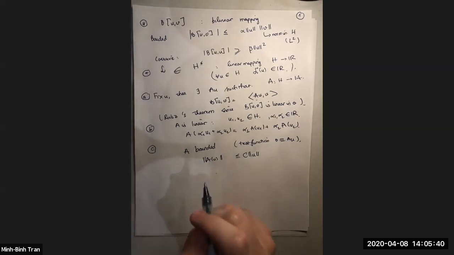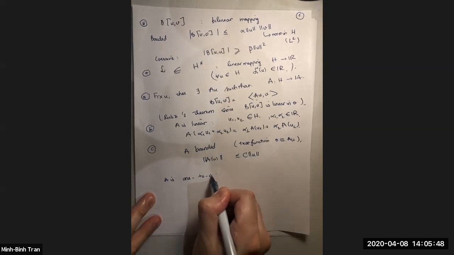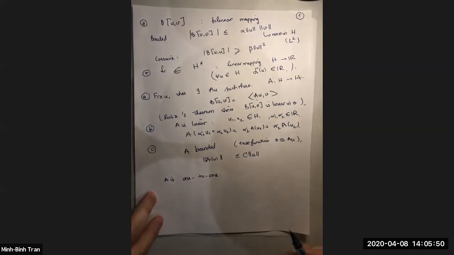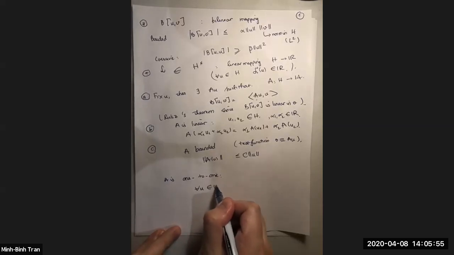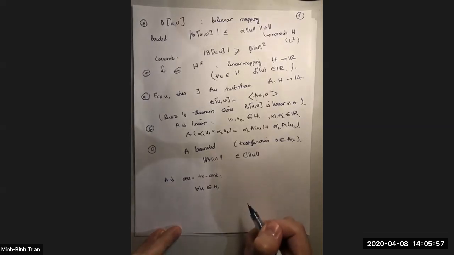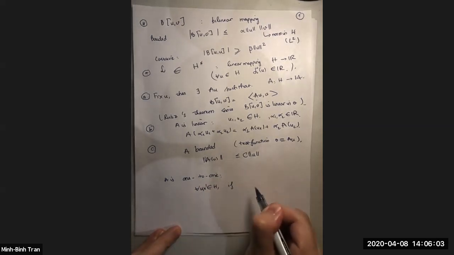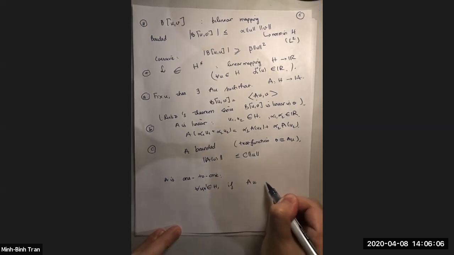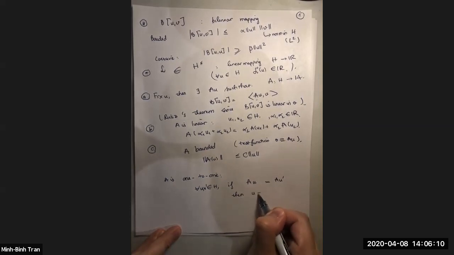Now we have to show that A is indeed one-to-one, in the sense that for all u and u prime in H, if Au is equal to Au prime, then u is equal to u prime.